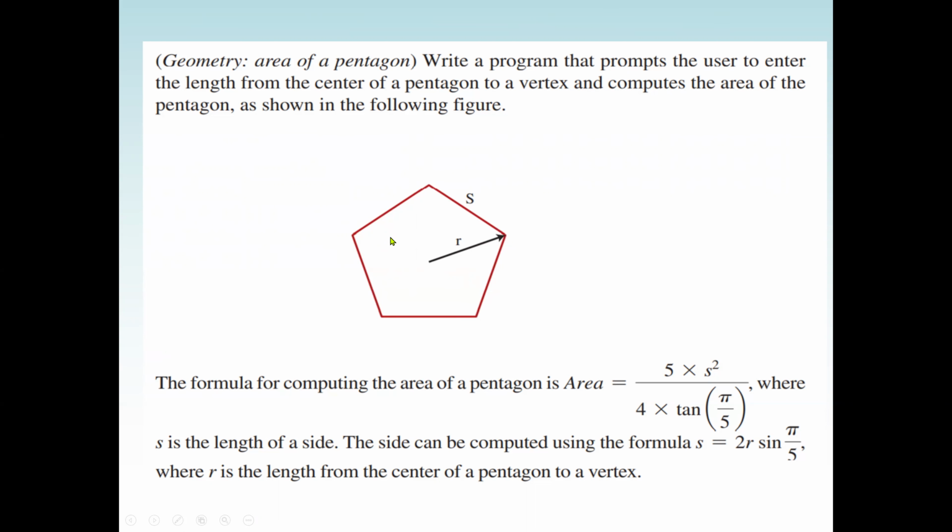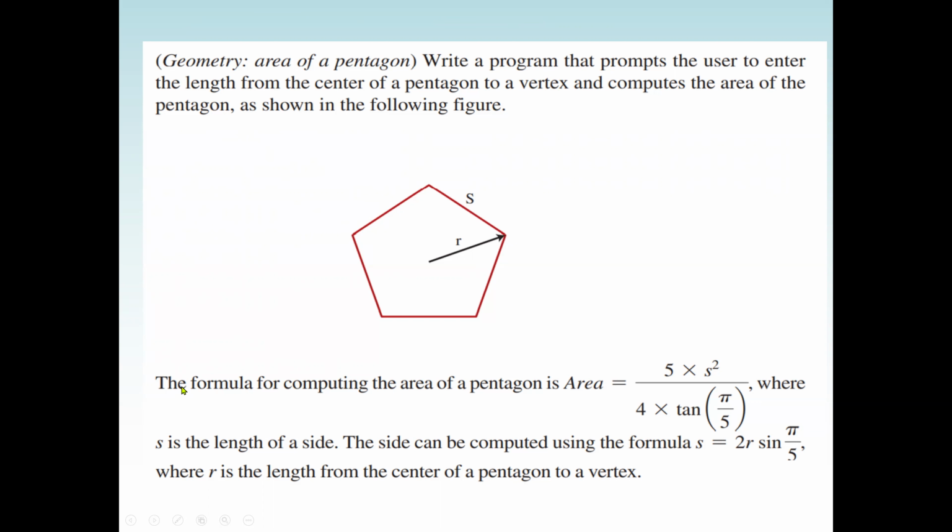A pentagon normally has 5 sides and all the sides are the same. So we ask the user to enter the R value, and then we find the area of the pentagon, as shown here.